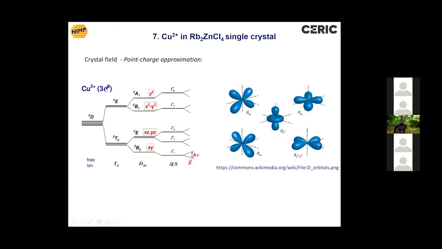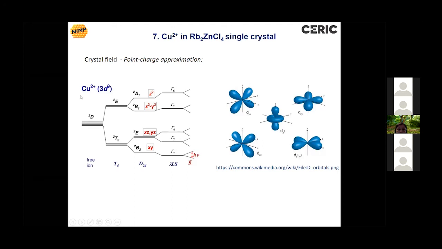Copper 2+ is a 3d9 system, and what we actually work with here is an unpaired hole. To make things simpler in the interpretation of the copper 2+ spectra, and this is for all coppers that you happen to measure by EPR, you work with the unpaired hole, so you have a system with spin 1/2.